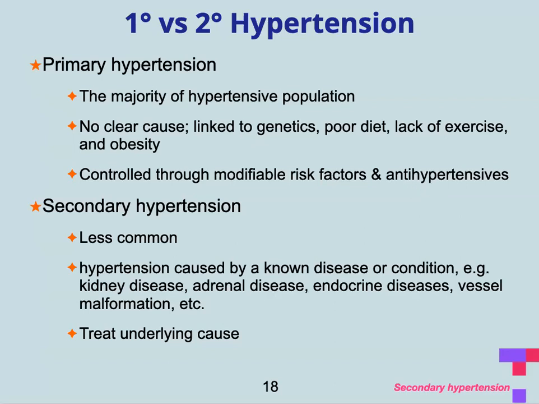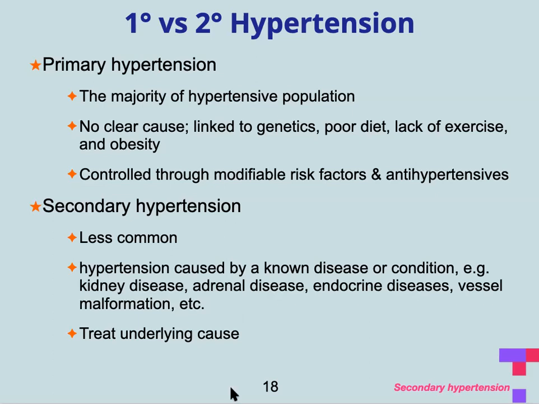and antihypertensives, etc. The less common category in terms of the cause of hypertension is called secondary hypertension. And this is generally only about 10% of all people with hypertension. And this is less common, and it involves identifiable causes. So, for example, kidney disease, adrenal disease, endocrine pathology, vascular malformation, etc., leading to their hypertension.